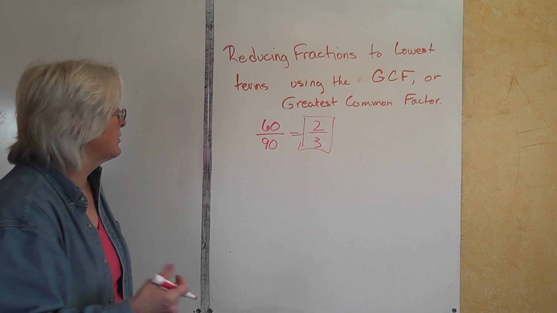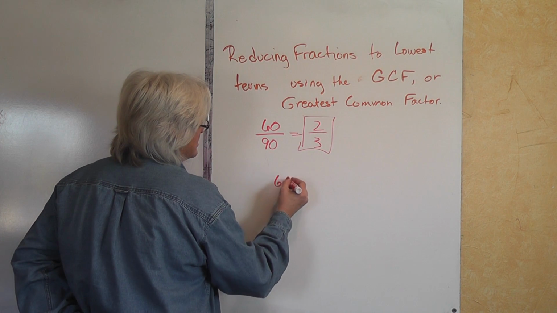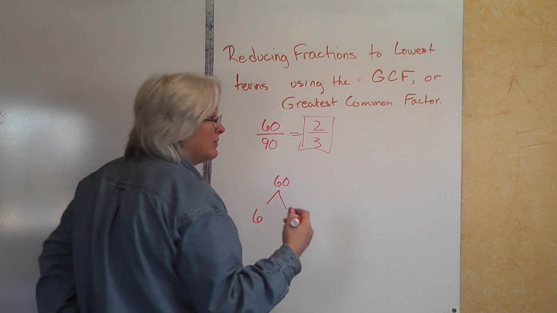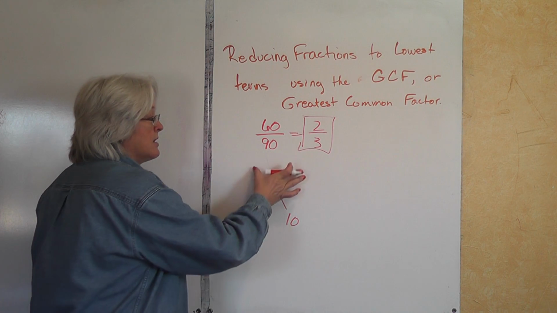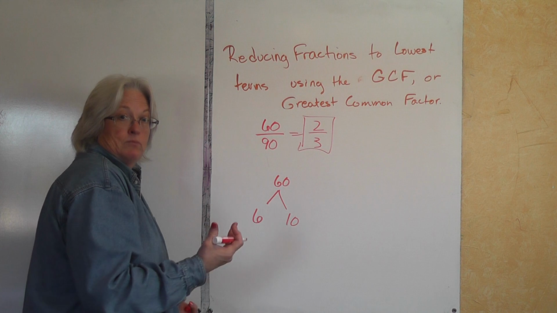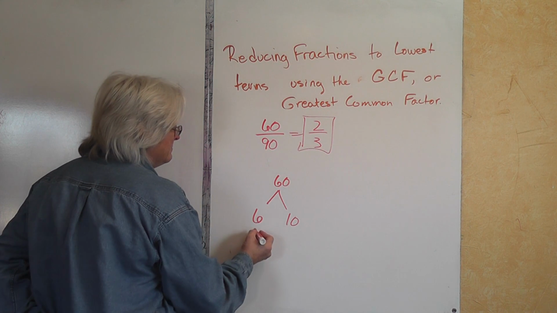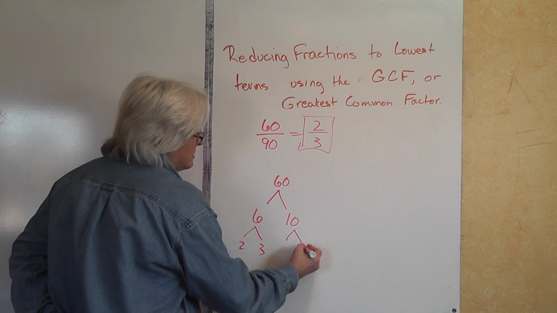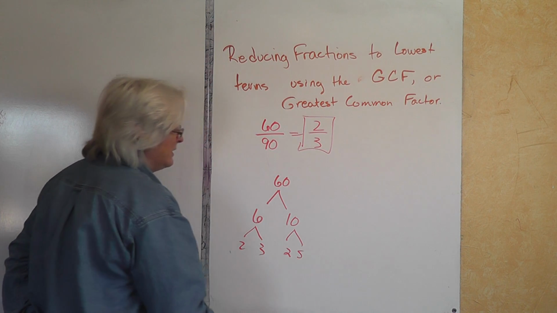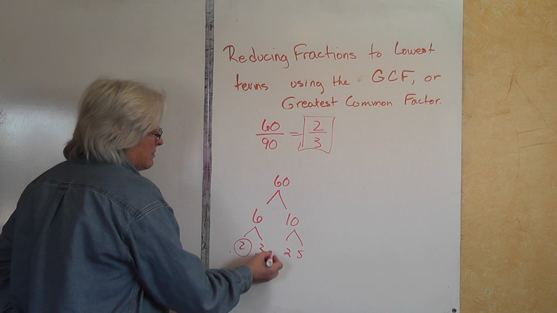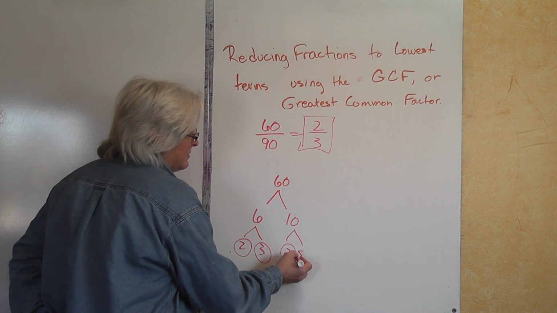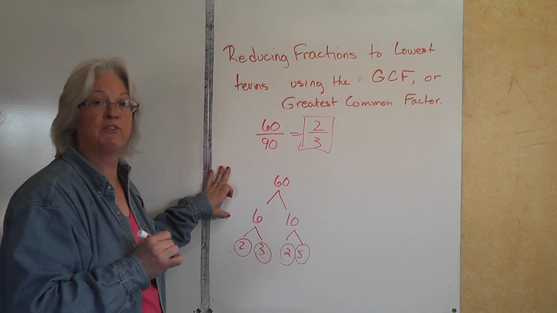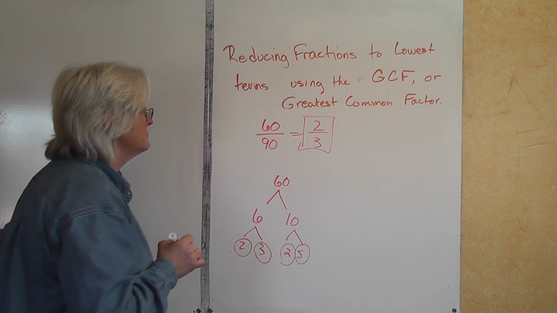Let's go ahead and first find the prime factorization of 60. 60 can be written, and there are any number of ways you could do this. My factor tree just happens to be the way I'm choosing to do it. 6 times 10, 2 times 3 is 6, 2 times 5 is 10, and I now have 4 prime factors of 60, so my prime factorization is completed.